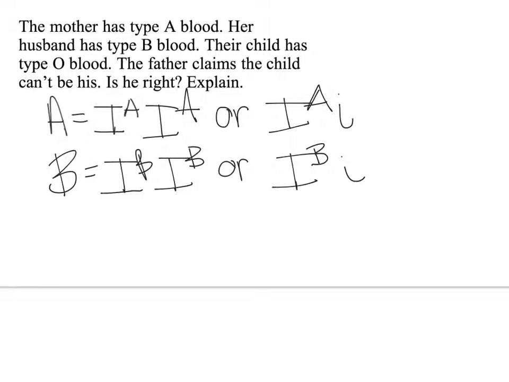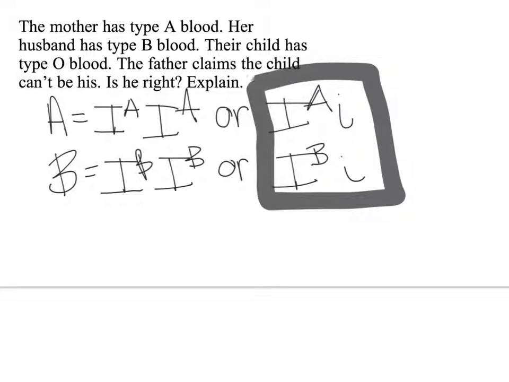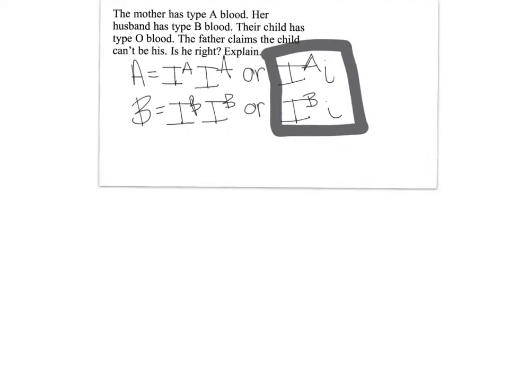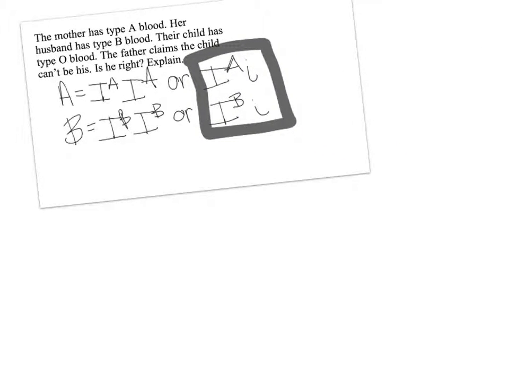So Dad is claiming that the child can't be his because it's type O. So we're going to use these guys because they offer the most choice in possible phenotype. I could do multiple Punnett squares with all of the different combinations, but because they're just asking about the possibility, I think I'm going to just work with the two heterozygous possibilities. So let's see.